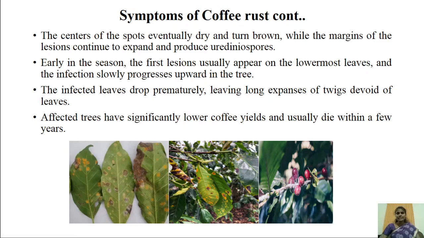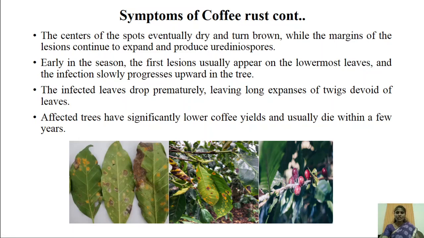Early in the season, the first lesions usually appear on the lowermost leaves. The symptoms appear on the lowermost leaves of the plant, and the infection slowly progresses upward in the tree, and all infected leaves soon fall off prematurely, leaving long expanses of twigs devoid of leaves.